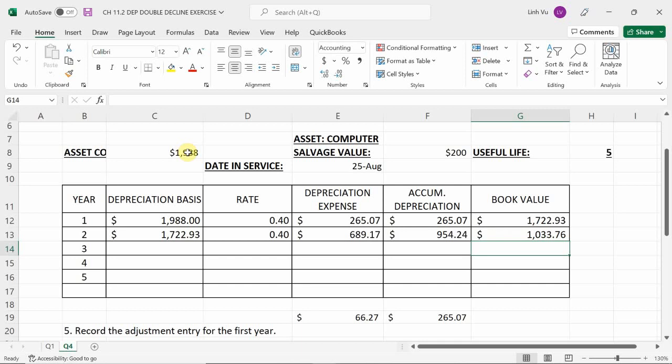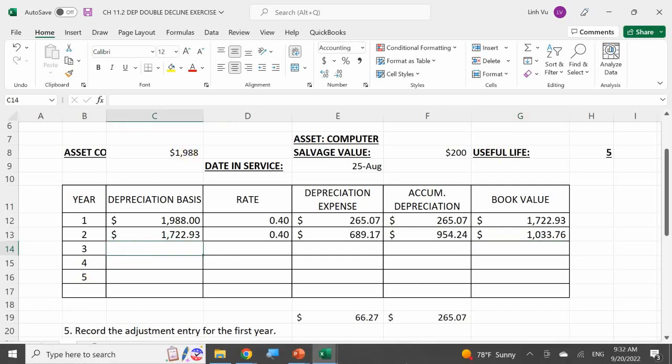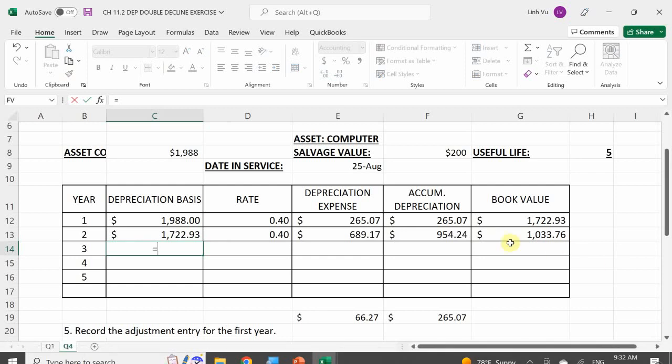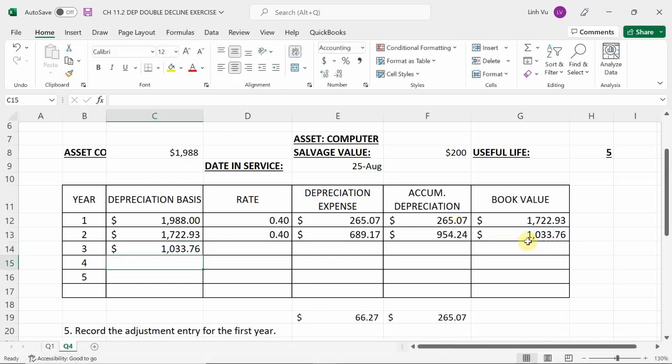Let me see. If it's 1988 even, and you're subtracting 24 cents, yes, it should be 76 cents. Okay? So therefore, year 3, $1,033.76.